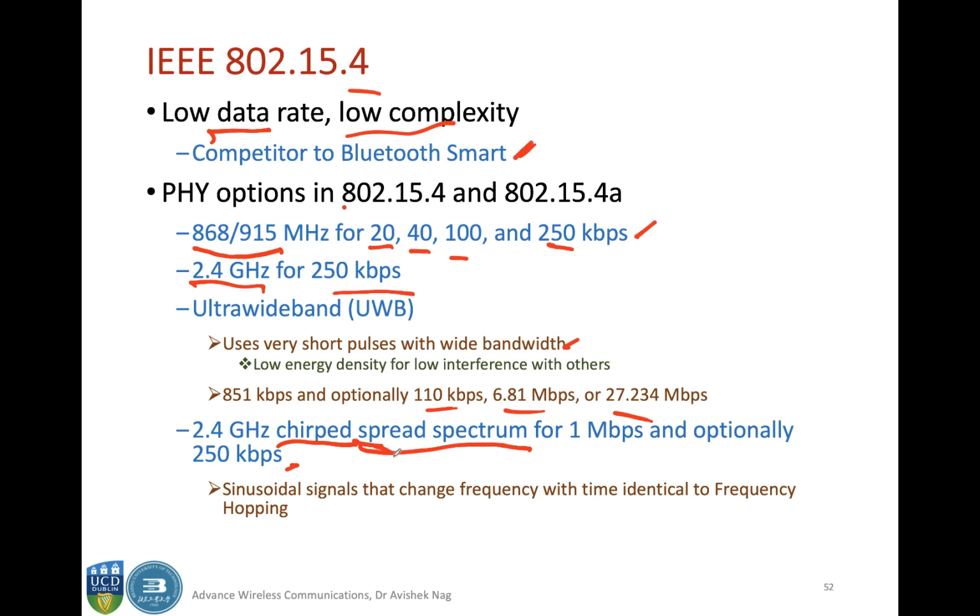Basically, chirped spread spectrum in one line means sinusoidal signals that change frequency with time, identical to frequency hopping. Frequency hopping you have already seen when we were discussing Bluetooth.